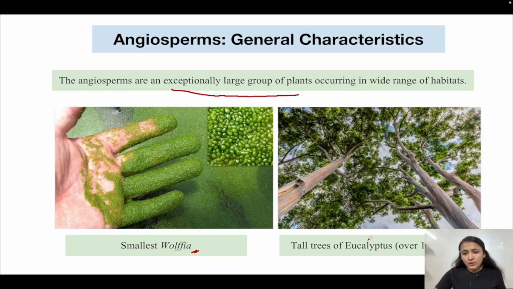Eucalyptus here should be italicized. My mistake. Please consider this name in italics. It can grow over 100 meters tall. So these trees are so large, their height goes over 100 meters. So you can see angiosperm as a group is very diverse.